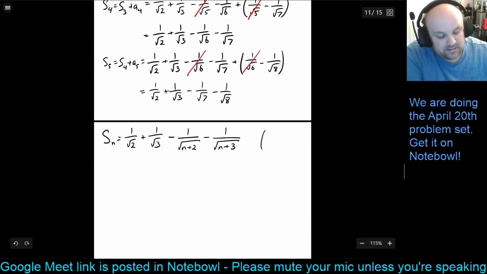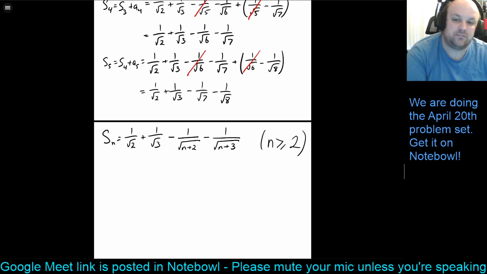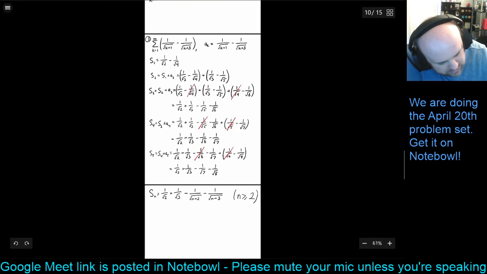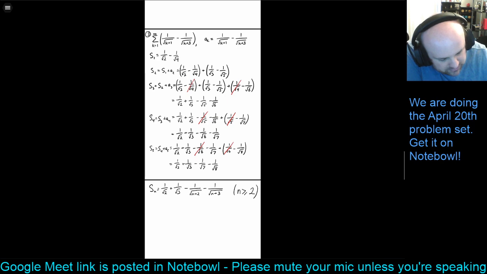One thing to point out with this pattern, which is kind of interesting, is n has to be at least 2 for this pattern to take hold. This pattern doesn't make sense if n is 1. Actually, wait. Is that true? No, this formula is true if n equals 1, isn't it?